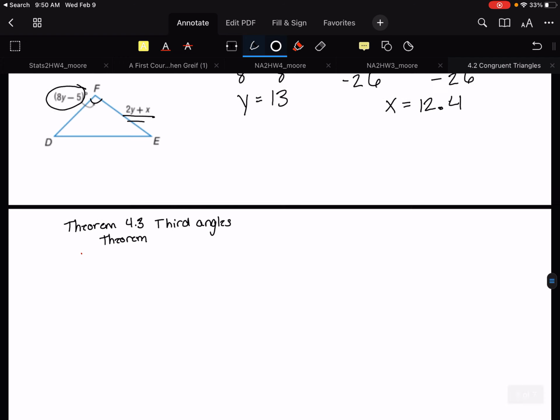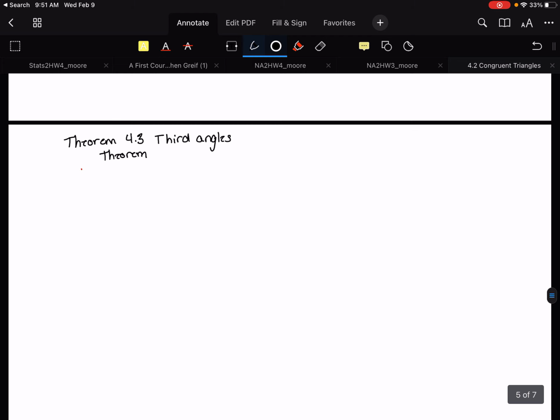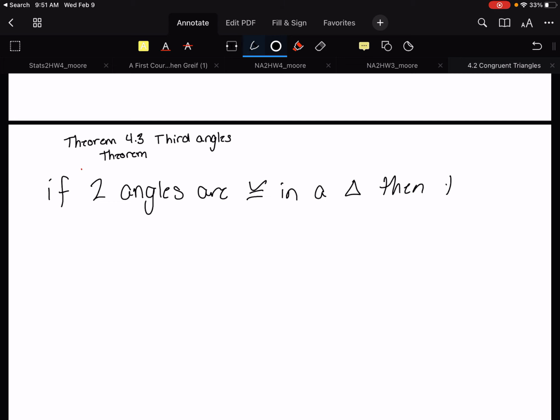So there is a theorem that is theorem 4.3. It's called the third angle theorem, and it says that if 2 angles are congruent in a triangle, then the third angle are congruent.